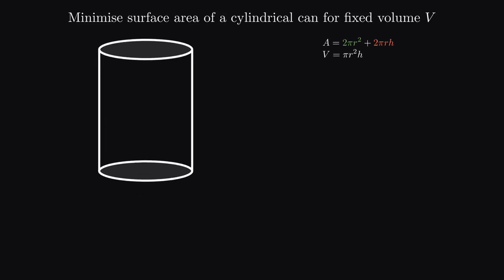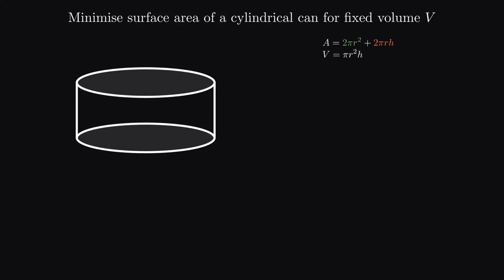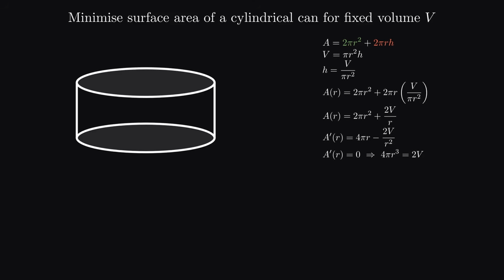Hence there should be some point in the middle that has the smallest surface area. Use the volume formula to rearrange the area formula as a function of a single variable, the radius r. Differentiate, set it to 0, and solve for the radius of the smallest surface area can.